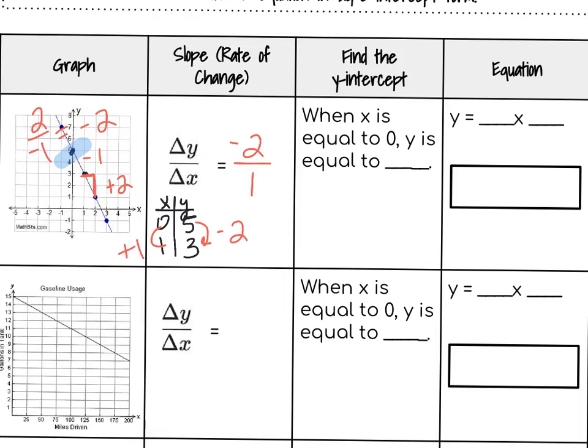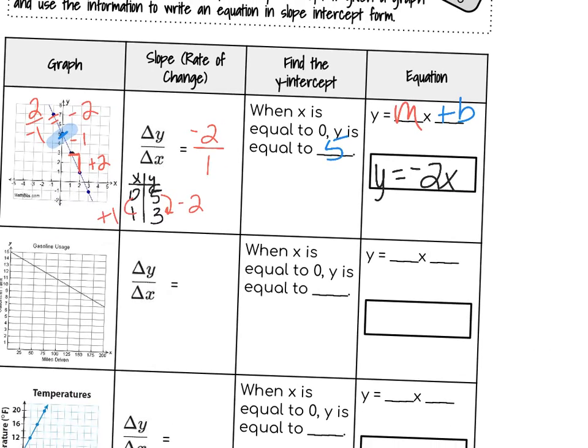So that's at 5. Okay, so again, mx plus b, and in front of the x goes m. So this is y equals negative 2x plus 5.